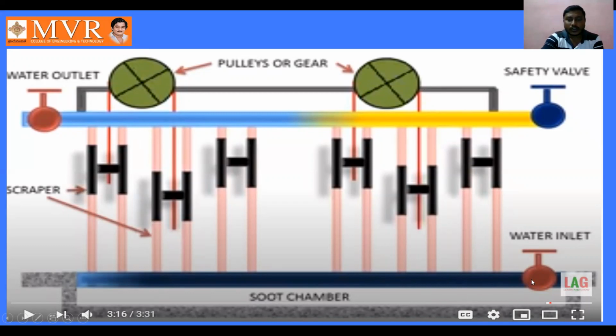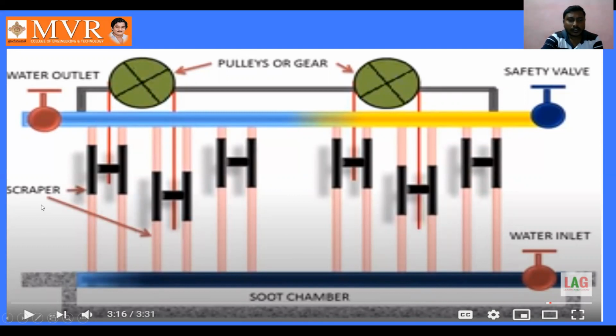The water which enters through this inlet valve goes into the tubes which are placed here, which have scrapers. The water enters these tubes, and in the perpendicular direction of these vertical tubes, the hot gases flow.